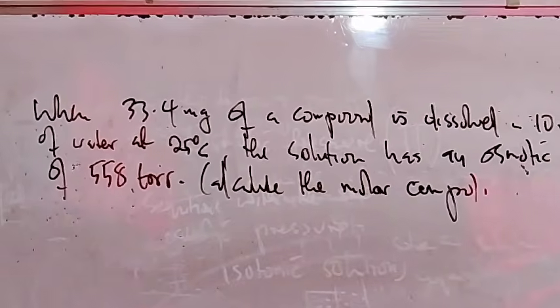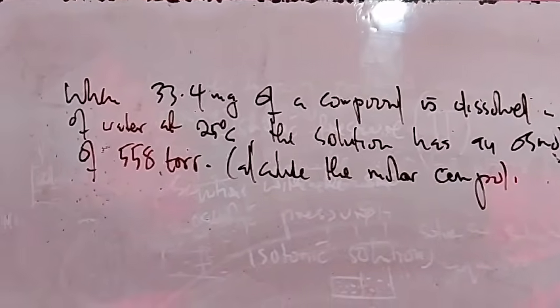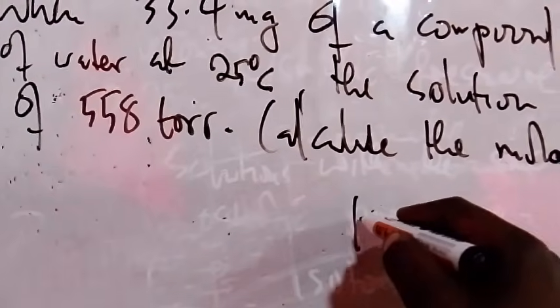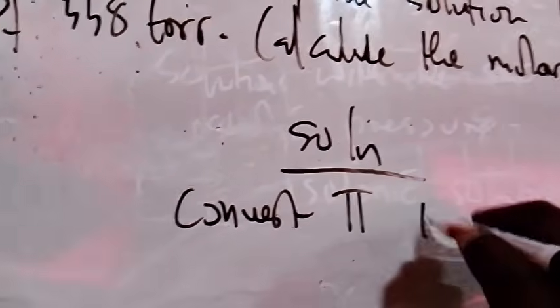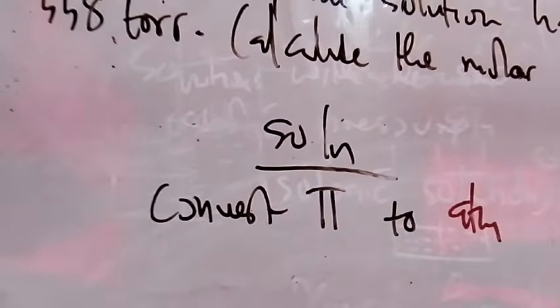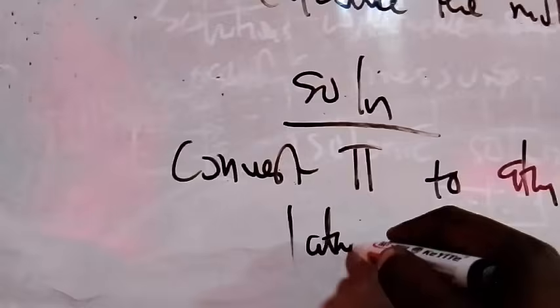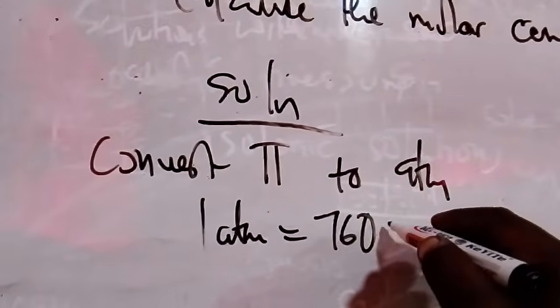First of all, we need to convert the osmotic pressure to atmospheres. That is the first thing you do. We know that 1 atm is equal to 760 torr.